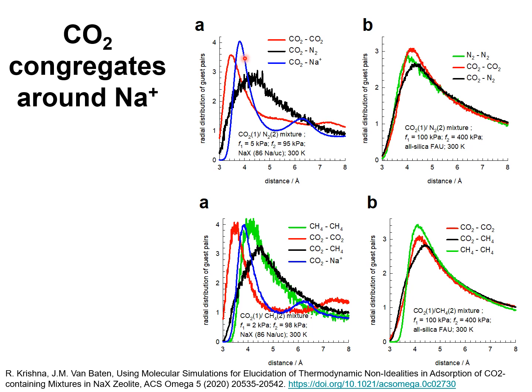The blue line is for distances between CO2 and the extra framework cations, and the black line is for distances between CO2 and nitrogen in a CO2 nitrogen mixture at a total pressure of 100 kilopascal, temperature of 300 Kelvin. The first peaks are indicative of the segregation or congregation effects for CO2 nitrogen mixtures.